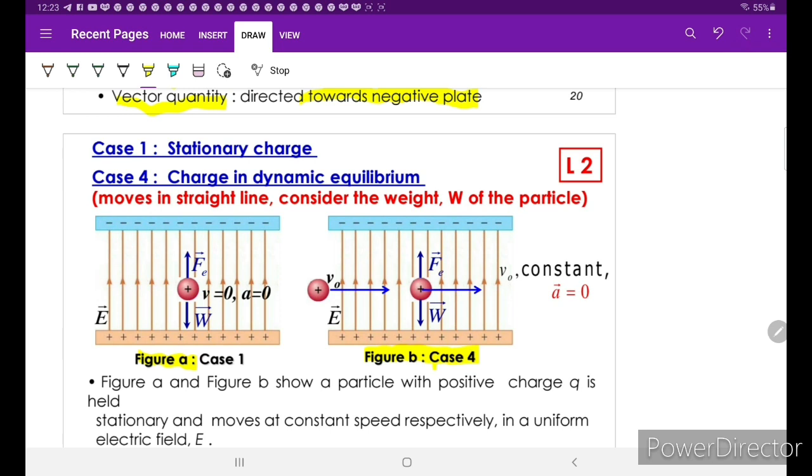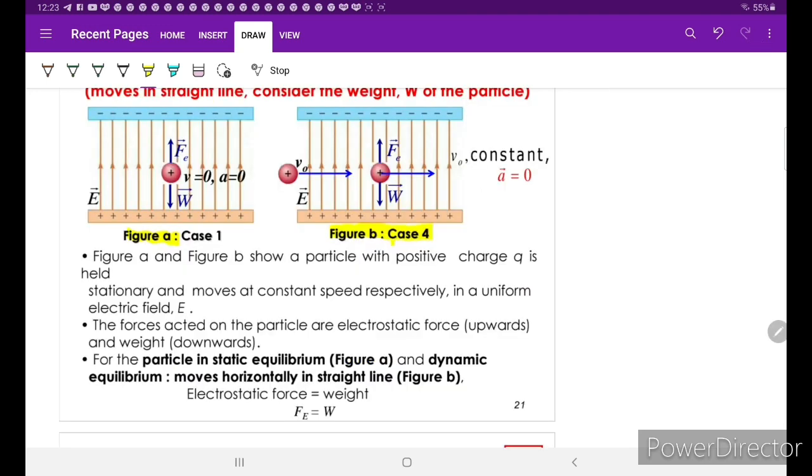Case 1, stationary charge, means that the charge is static in a uniform electric field. Case 4, charge in dynamic equilibrium, means that the charge moves through the uniform electric field with constant velocity.